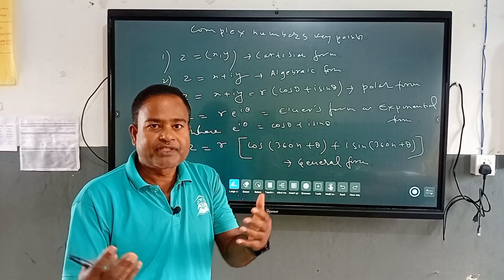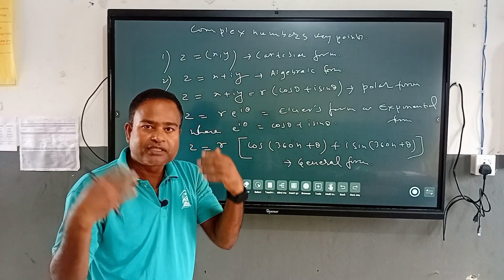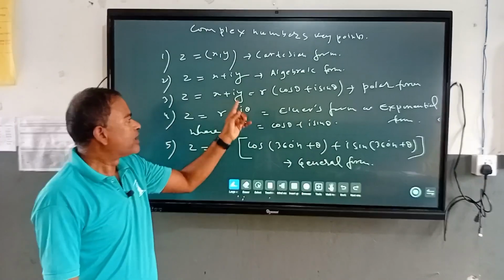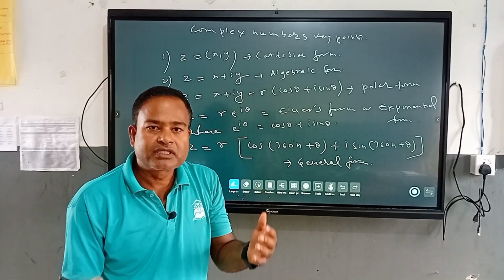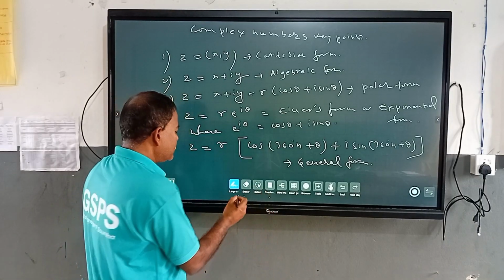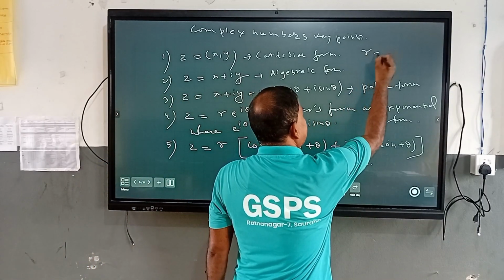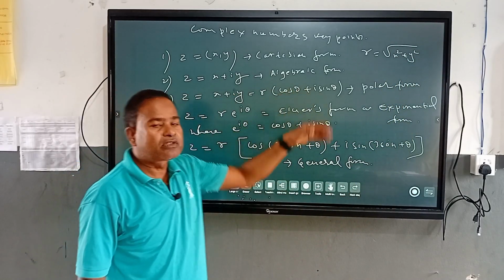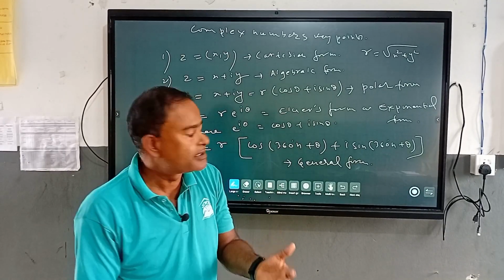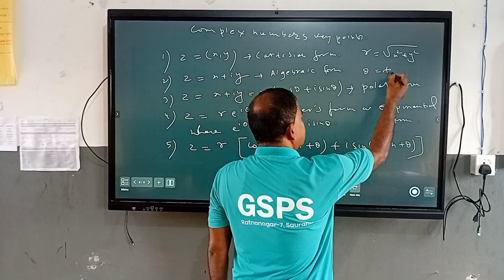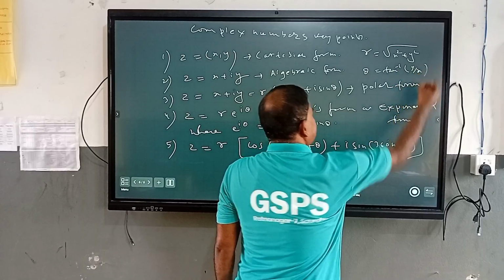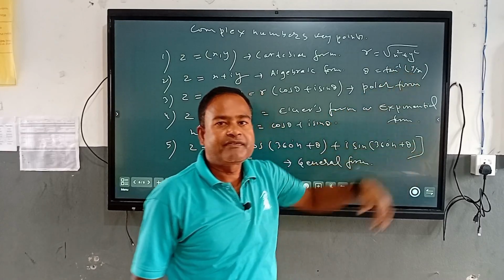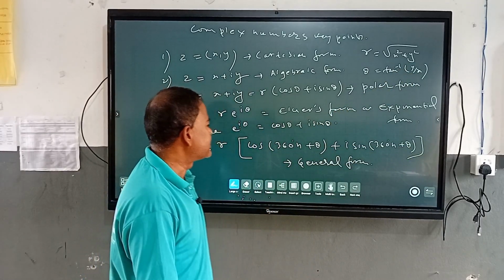So if a complex number is given in algebraic form, we can change it into polar form, where x means r cos theta, y means r sin theta, r is called the modulus of complex number, which equals r equals root x square plus y square, and theta is called amplitude or argument of complex number, which is given by theta equals tan inverse y component divided by x component, or we can say tan inverse imaginary part divided by x means the real part of complex number.